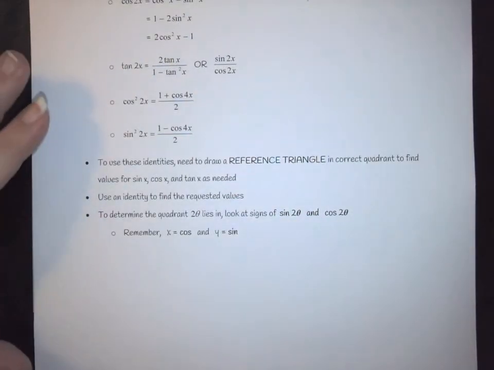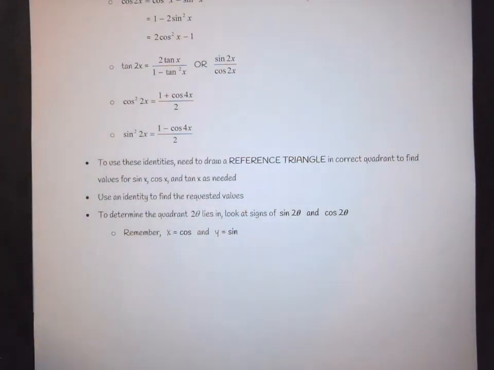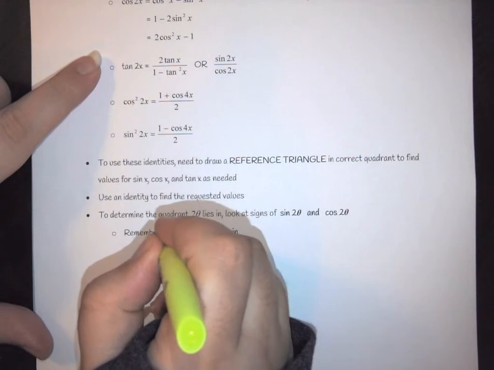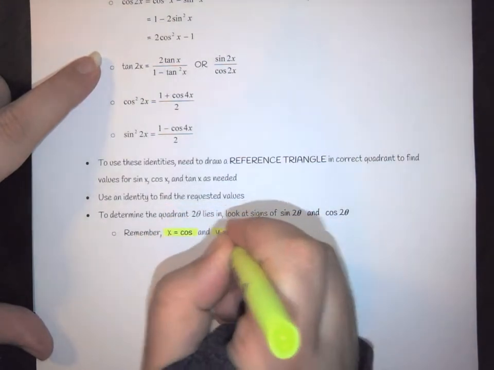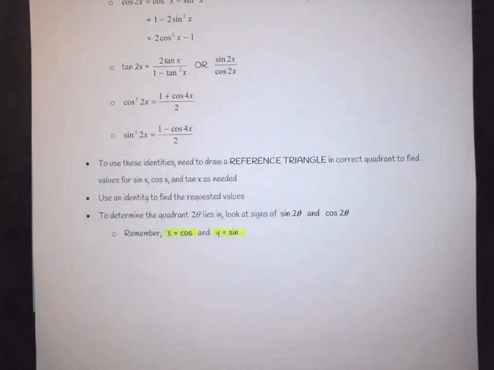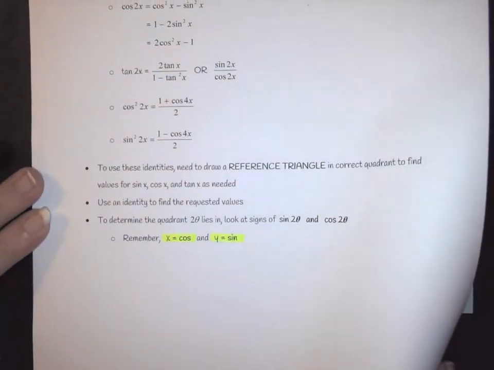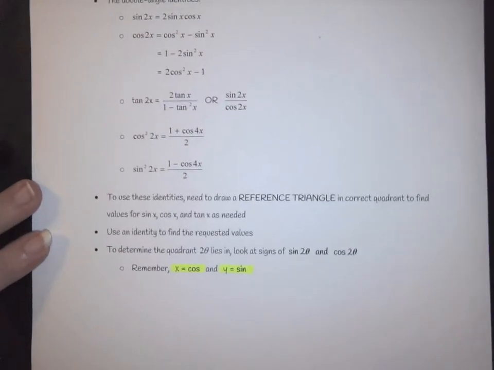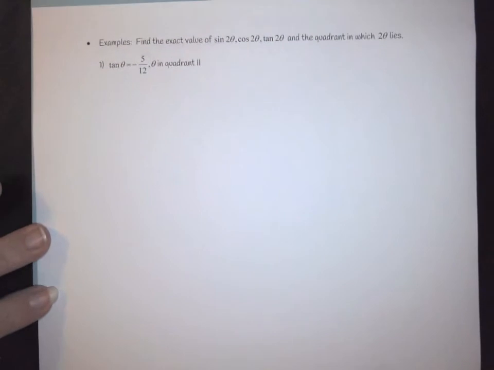Here's a helpful hint to remember: x is your cosine, y is essentially your sine. Those are just some hints for you. The best thing to try and get a handle on double angles is just to see some examples, and so I've got some of those for you.